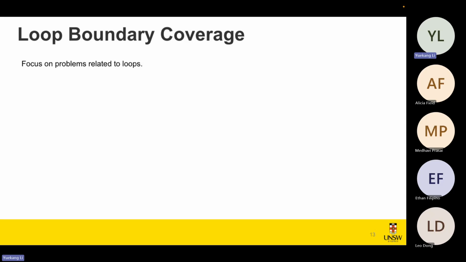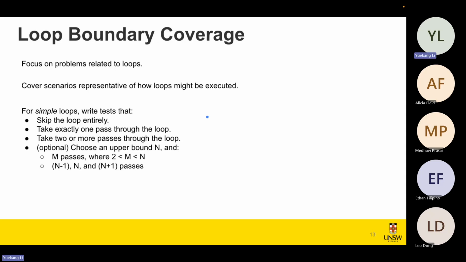The loop boundary coverage focuses on problems or bugs related to the number of loops, the times that we loop. So it actually helps us select representative numbers of times we take the loop.